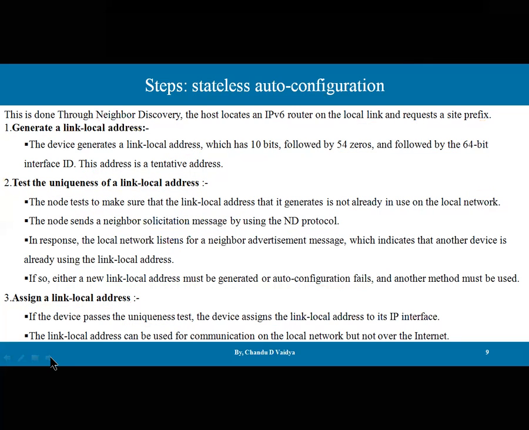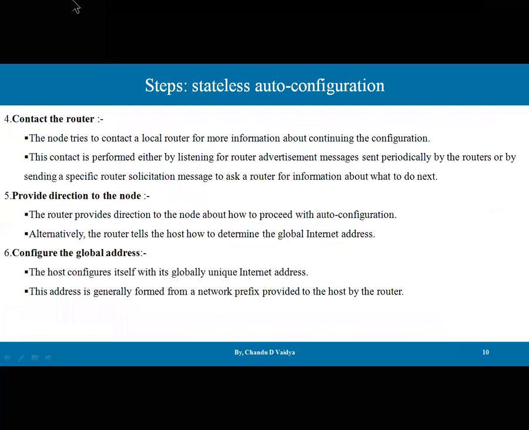After getting that link local address, we have to switch to step number 4. And what is step number 4? To contact the router. The node tries to contact the local router for more information about continuing the configuration. The contact is performed either by listening for the router advertisement message sent periodically by the routers, or by sending a specific router solicitation message to ask the router for information about what to do next.